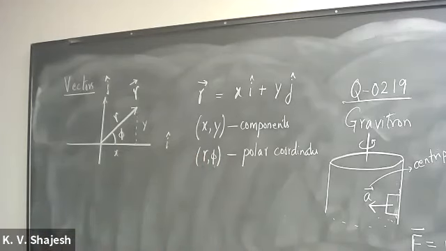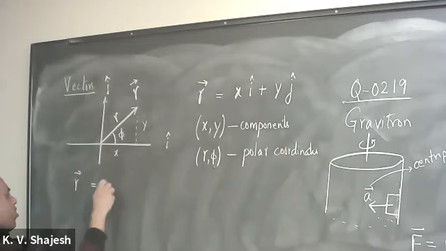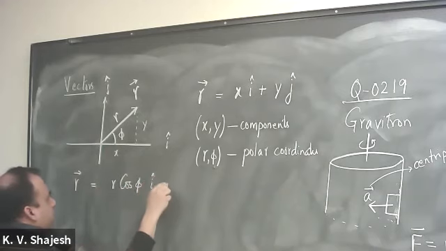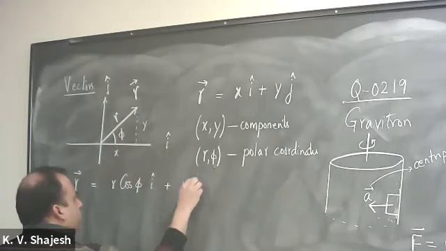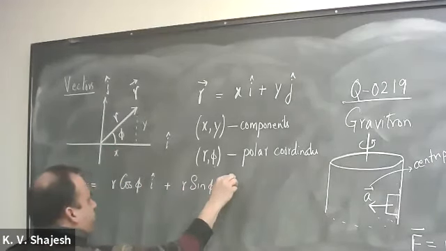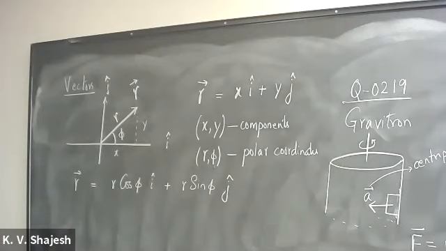Okay, so let me go back and look at this polar coordinate vector r again. This is equal to r times cosine phi in the i hat direction plus r times sine phi in the j hat direction. That shouldn't be very new.